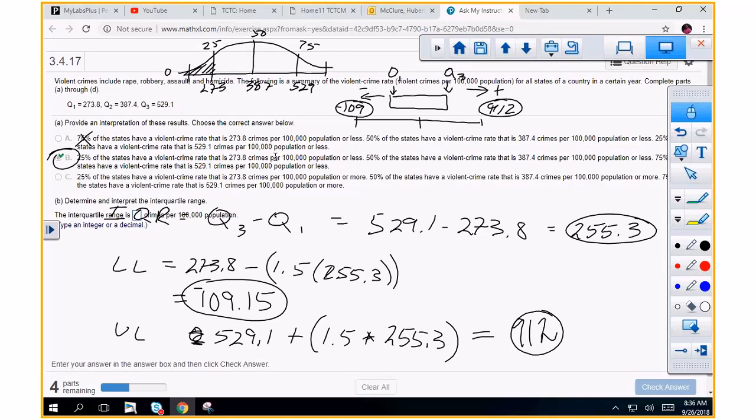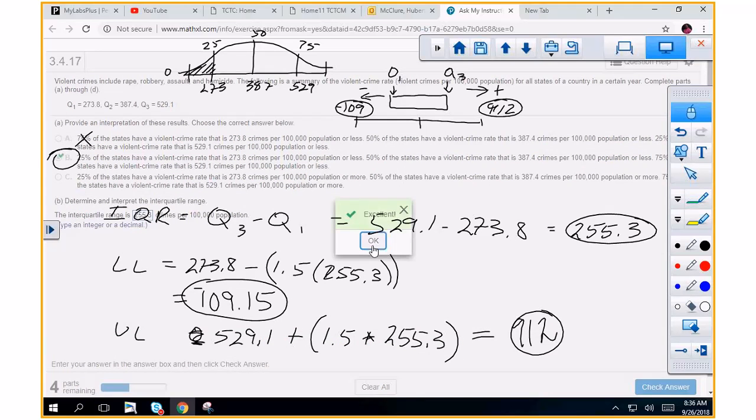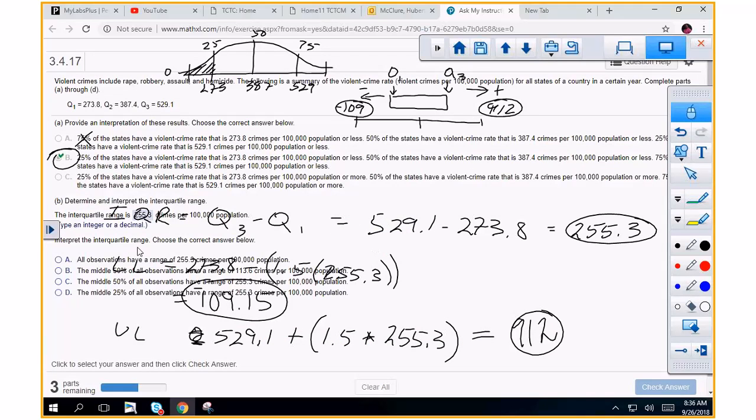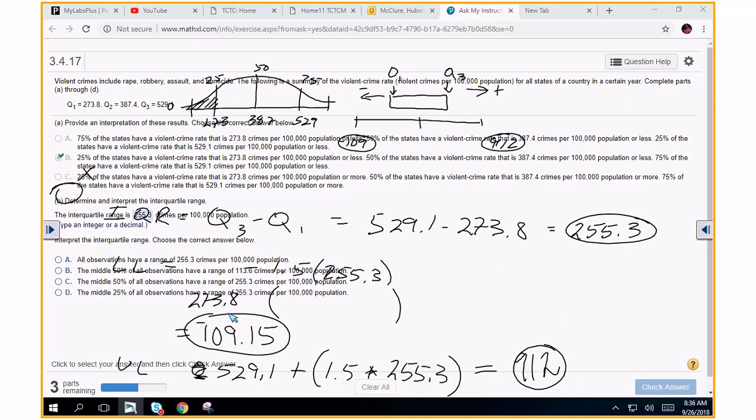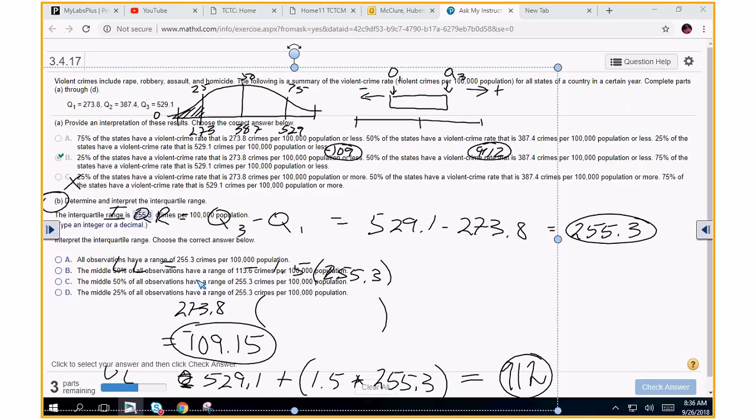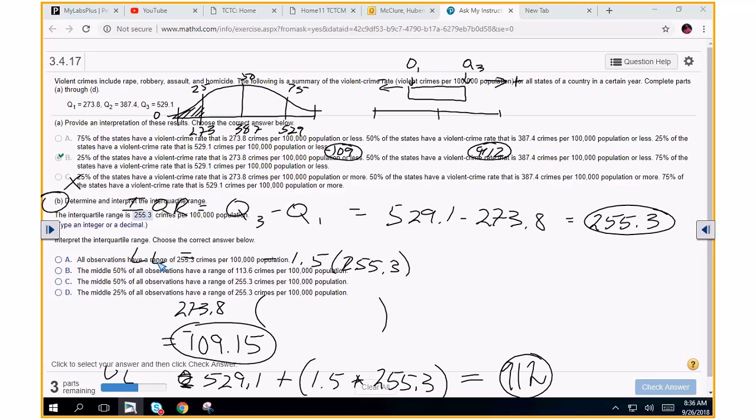Determine and interpret the interquartile range. We said that the interquartile range is equal to 255.3. It says type an integer or decimal. It doesn't say to round, so whatever. Interpret the interquartile range. Let me move this out of the way. There we go.